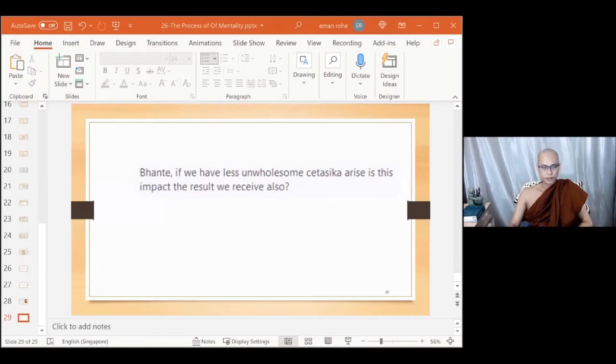Bhante, if fewer unwholesome cetasika arise, does this affect the result we receive? If we have fewer unwholesome cetasika, the result is not necessarily less.